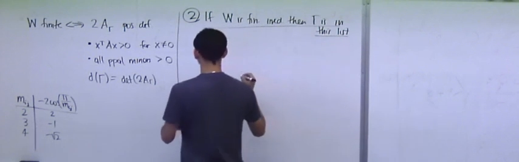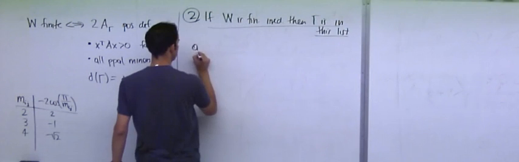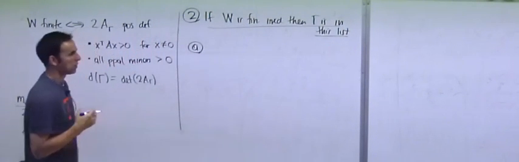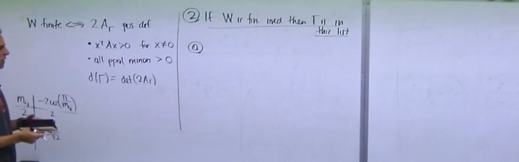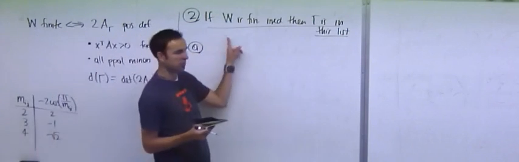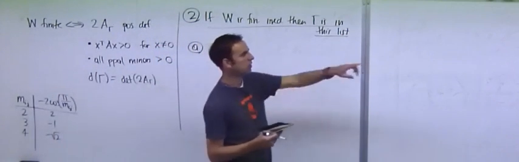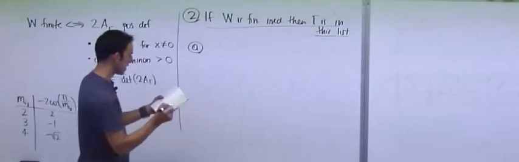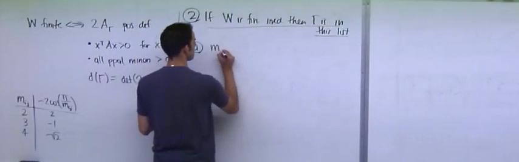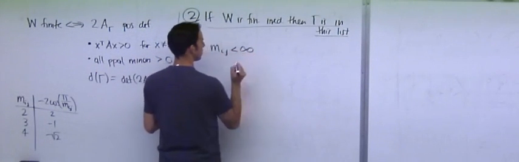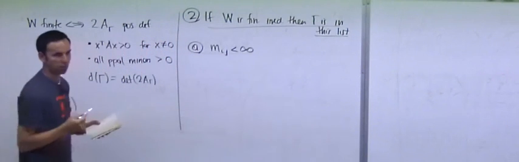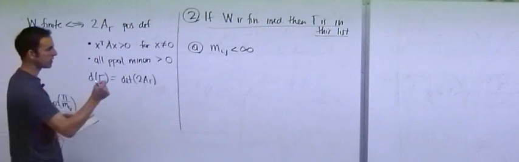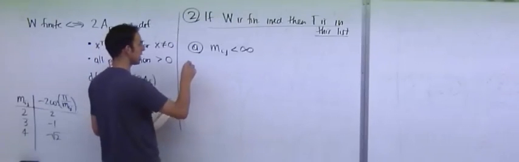And I said I was going to do this in several steps. Basically, we're going to start with a graph gamma. We're assuming that the Coxeter group is finite irreducible, and I'm going to step by step get to the fact that it's one of these guys. And so the first thing we proved last time is that we're not going to see any labels that are infinity. As soon as you see an infinite label, then you know that this thing is infinite. Okay?